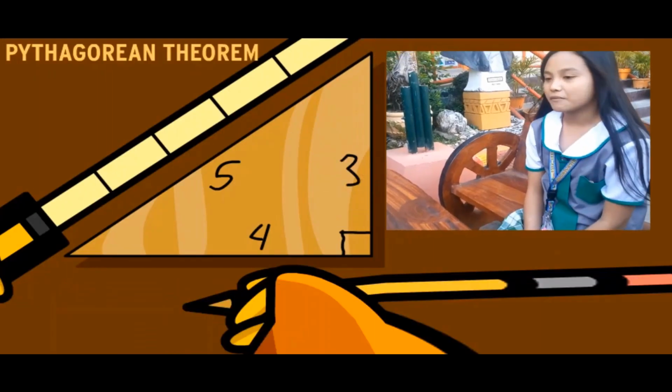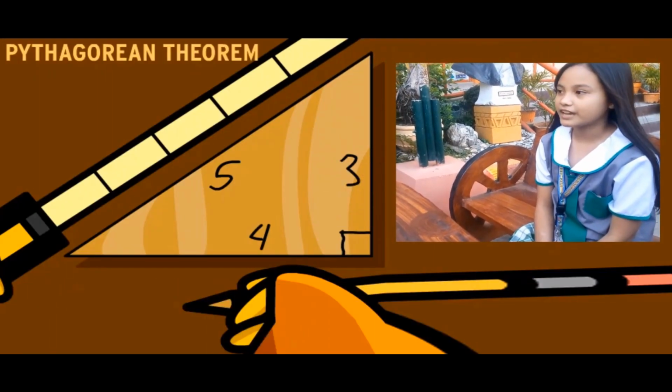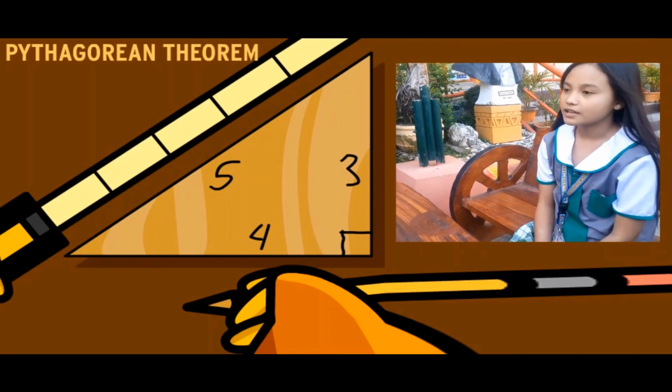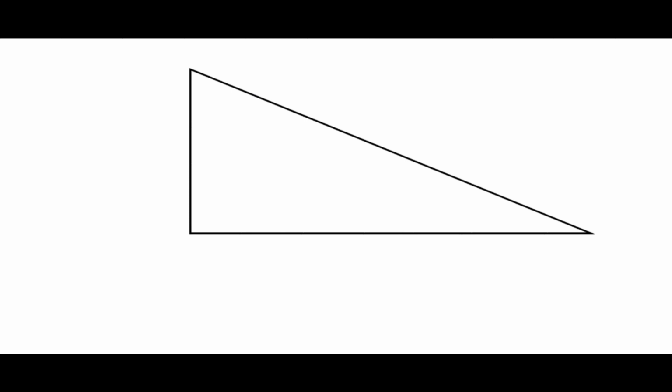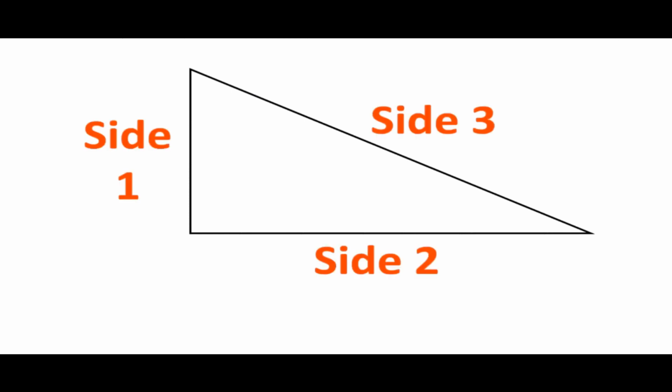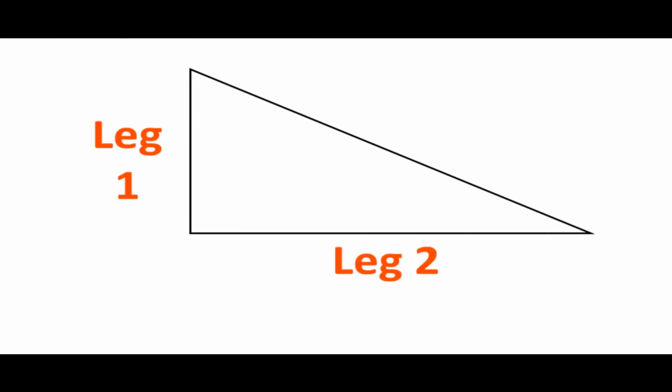Our topic yesterday was about the Pythagorean Theorem and getting the missing value of the right triangle. In the Pythagorean Theorem, we always use a right triangle. Suppose this is the right triangle, and we know that the triangle has three sides, right? This is the first leg, the second leg, and the longest side.